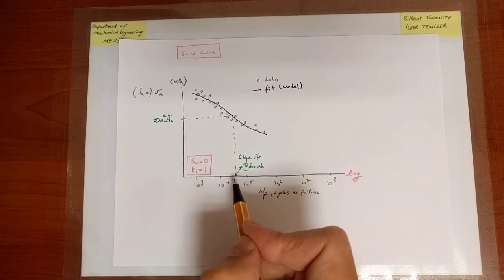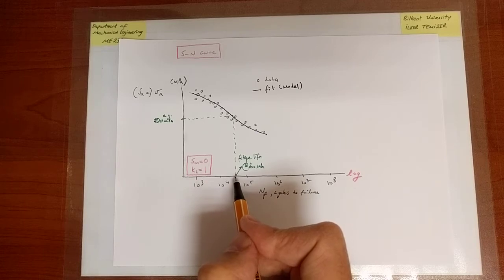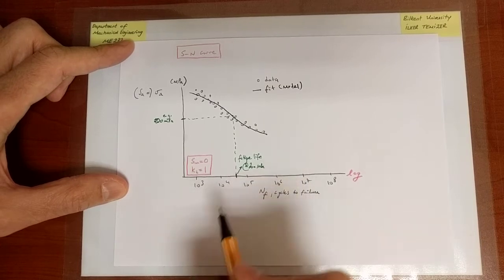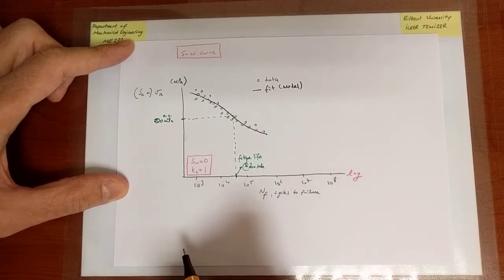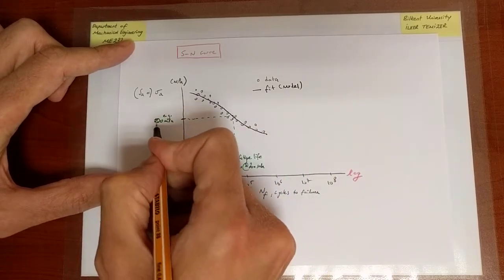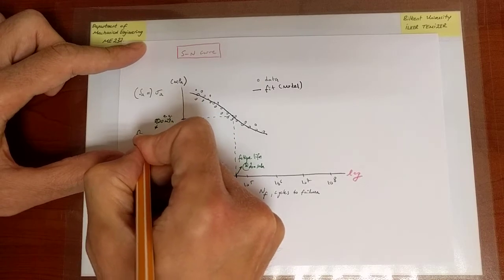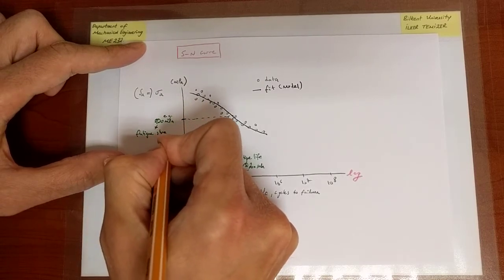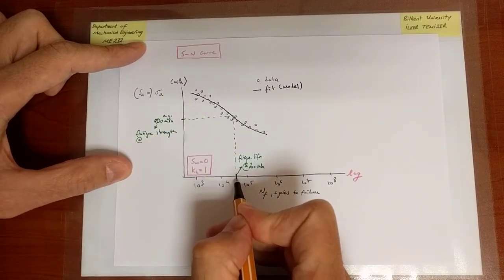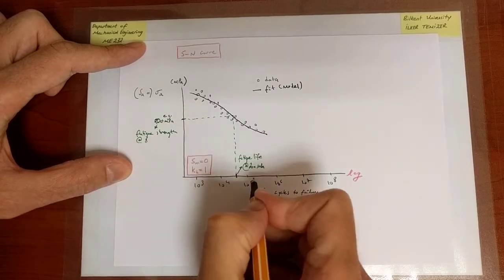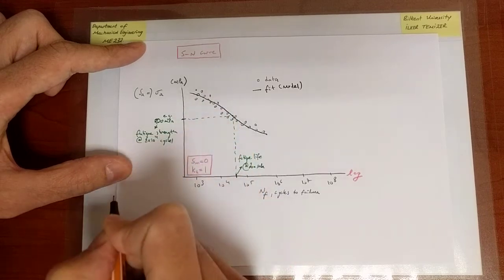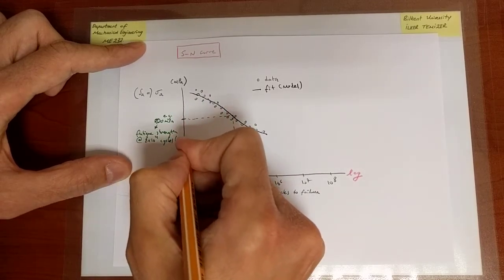Alternatively, we might be interested in the stress we can apply to reach a certain life, in this case, say over here, somewhere between 10 to the 4 to 10 to the 5 cycles. And so this value would eventually be the fatigue strength at, say, if this is 8 times 10 to the 4, I don't know exactly what that value would be, but let's say somewhere between 10 to the 4 and 10 to the 5, for instance.